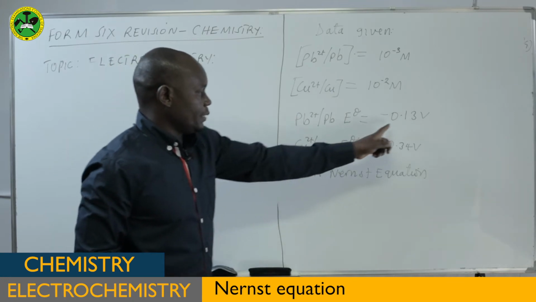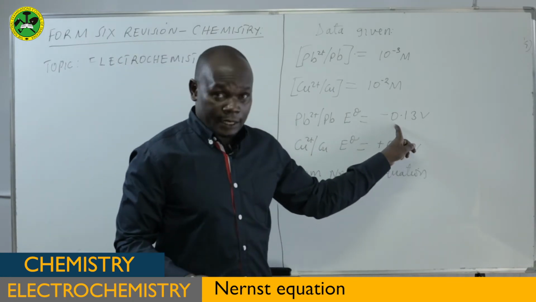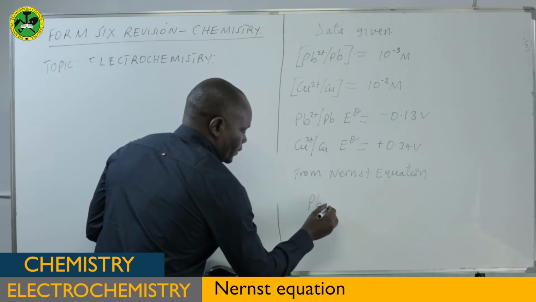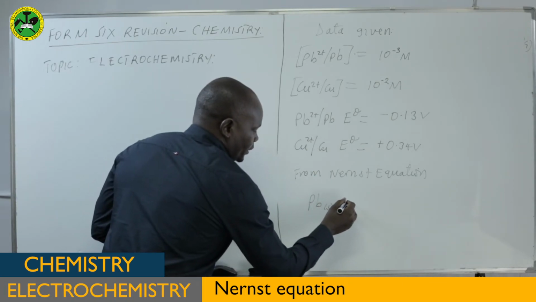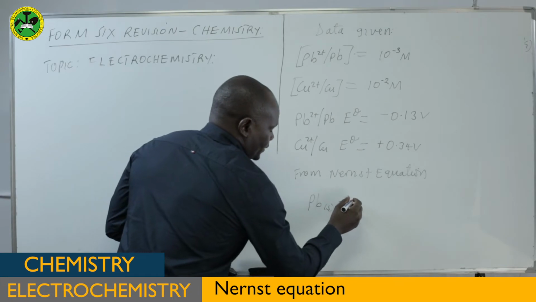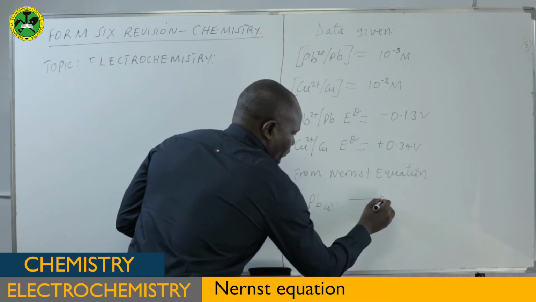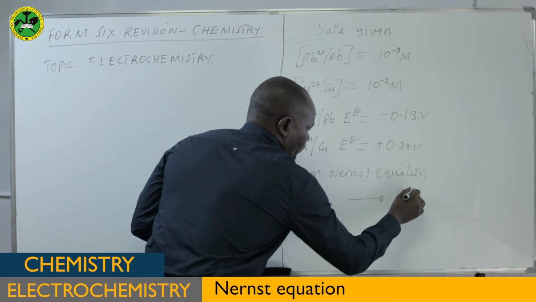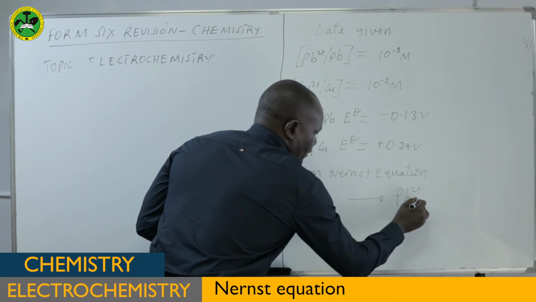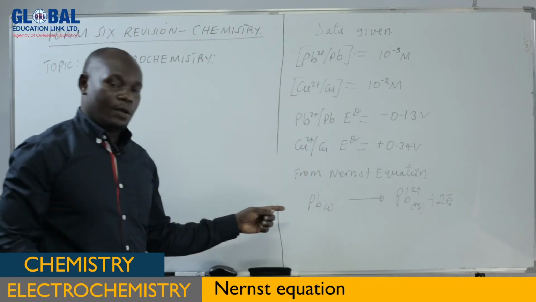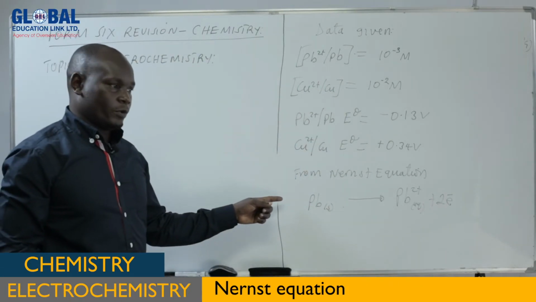Now for lead, you have seen that it is the species that undergoes oxidation. So the half equation will be lead solid going into lead 2 plus, aqueous, plus 2 electrons. So that is the first half equation.